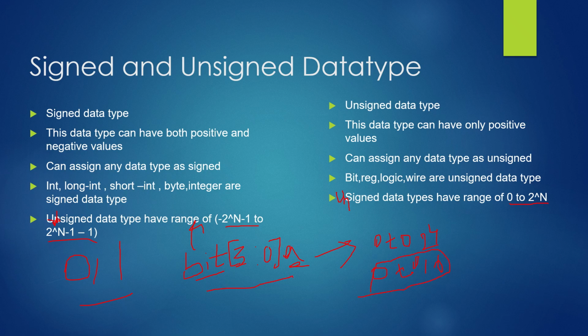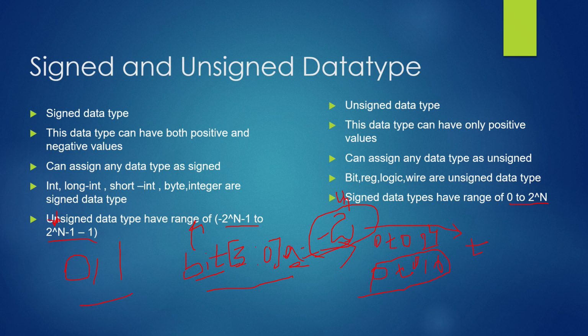Let's see what happens if we give a negative value to this variable. As we all know, in binary representation we don't have -0 or -1. So what it will do is, we have assigned the variable as -2, so it will first take +2 and represent it in binary.